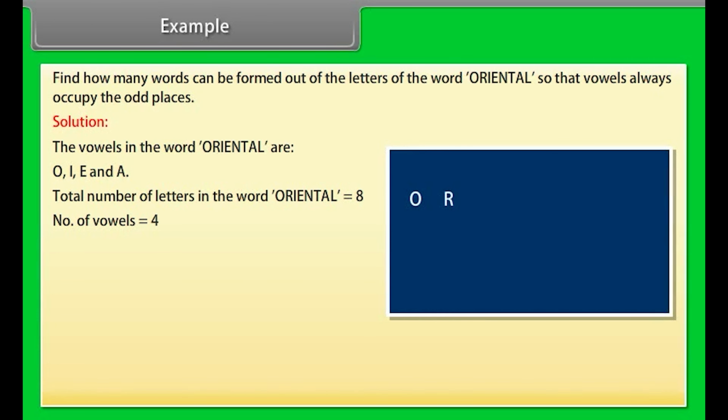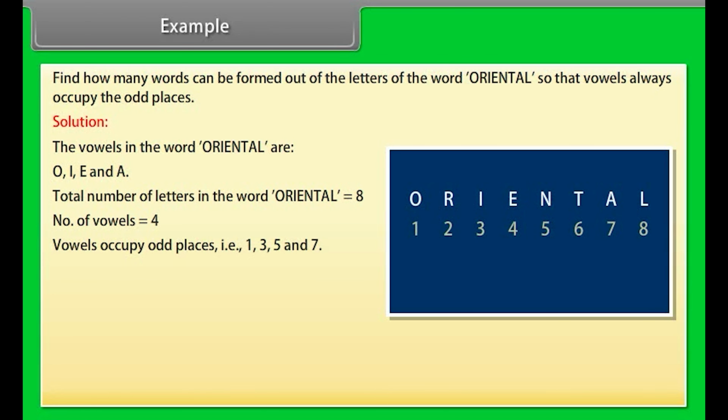O, R, I, E, N, T, A, L, in places 1, 2, 3, 4, 5, 6, 7, 8. Vowels occupy odd places, that is 1, 3, 5 and 7. Number of odd places is equal to 4.